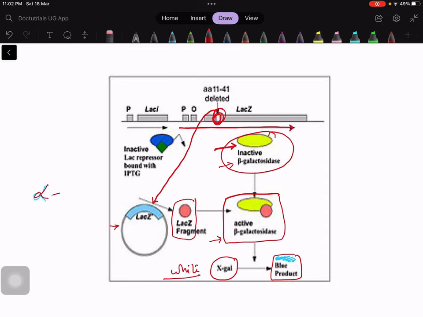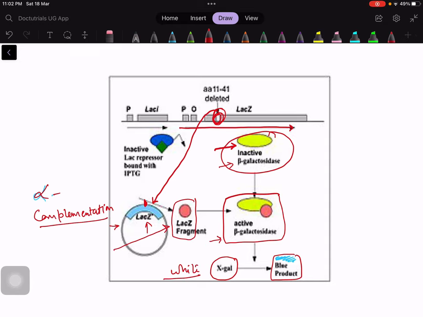This is the phenomenon of alpha complementation. We call it alpha complementation because the alpha fragment, this is the Lac Z fragment, complements the function of the original enzyme. Why do we use this complicated system? Because this Lac Z fragment has a very simple restriction site.